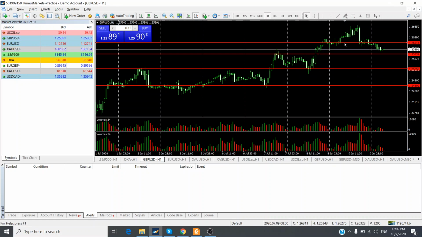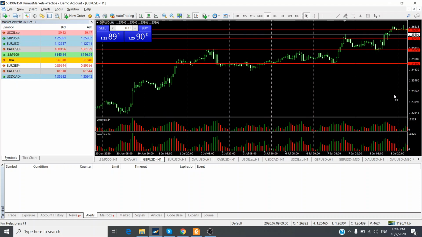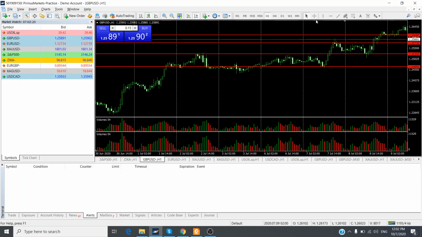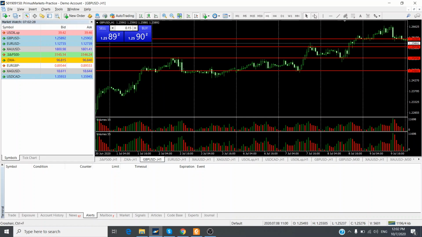So for yesterday's movement for the UK pound, most of the morning it was pretty quiet during the Asian trading session, and it started to move up from about 11 a.m., going up, and it touched a high of, well, not too high.